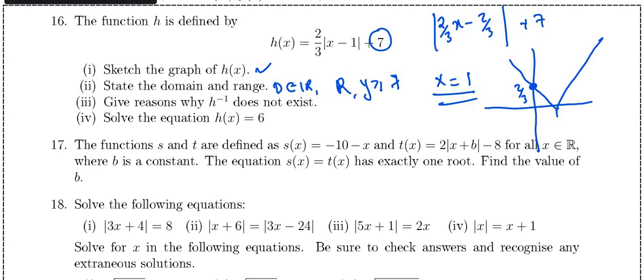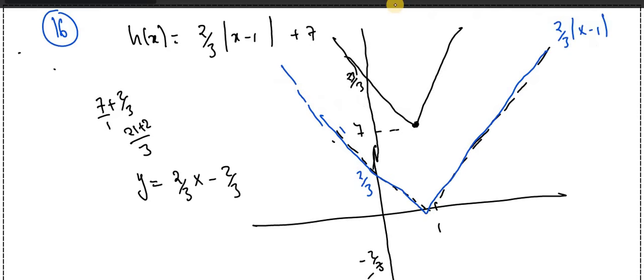Then they're saying give reasons why h of x does not have an inverse. Why doesn't this guy have an inverse? The main reason is because it's not 1-to-1. What I mean by that is if you put any number here, let's say the same 23/3, notice it has 2 answers, right?